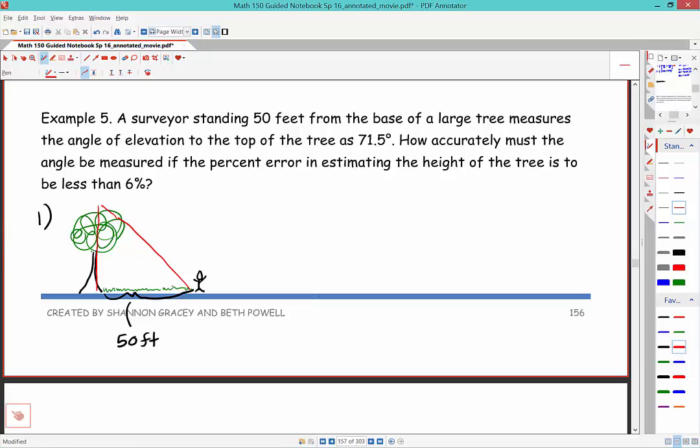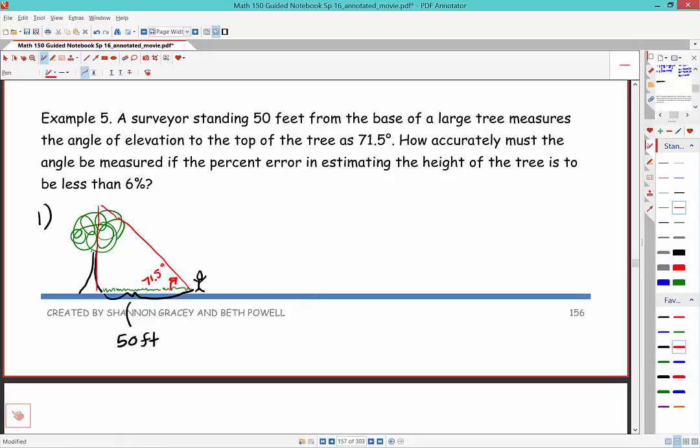And so this angle of elevation is 71.5 degrees. How accurately must the angle be measured if the percent error in estimating the height of the tree is to be less than 6%? So let's go ahead and get started.